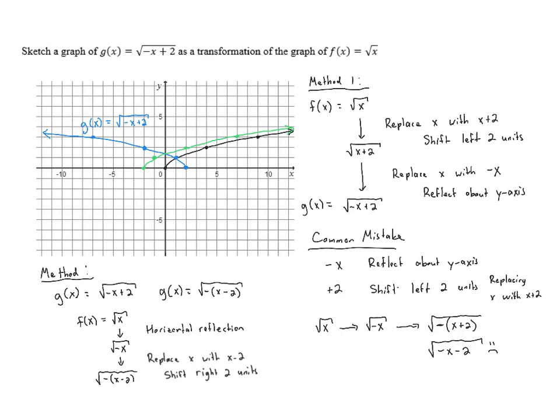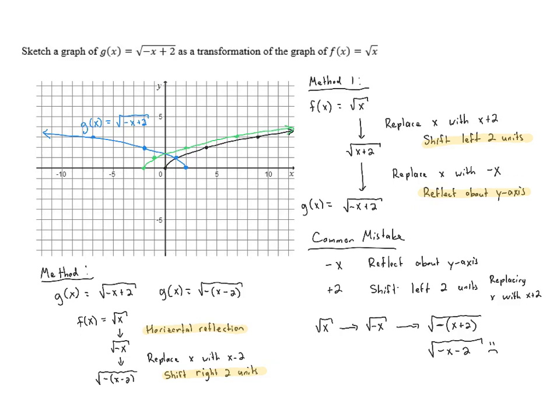So we actually have two options to get from our original graph to the new graph. We can either start by shifting left 2 units and then reflecting about the y-axis, or we can start with our horizontal reflection about the y-axis and then afterwards shift to the right 2 units.